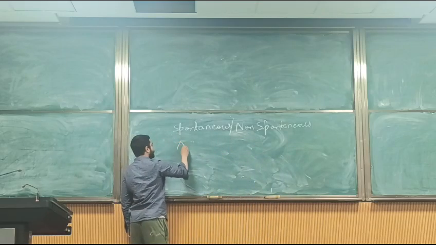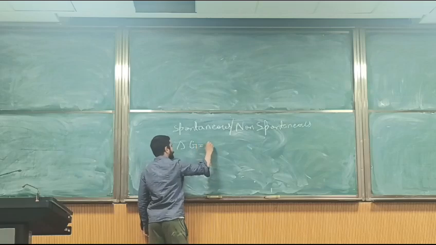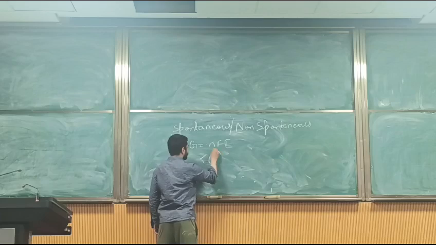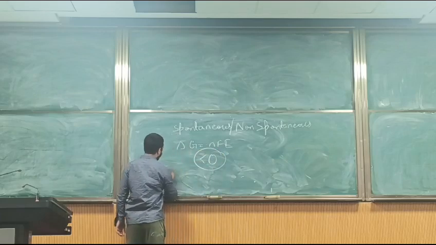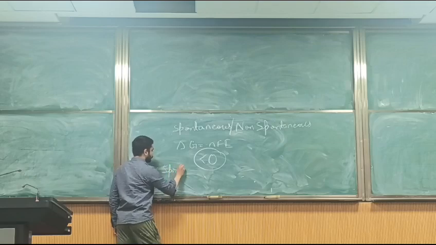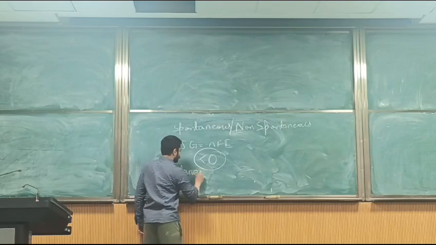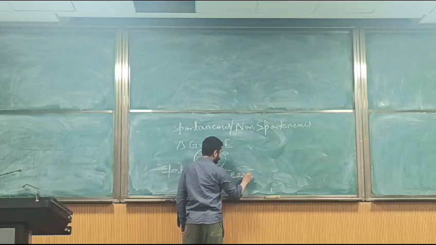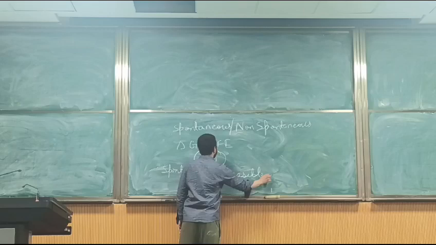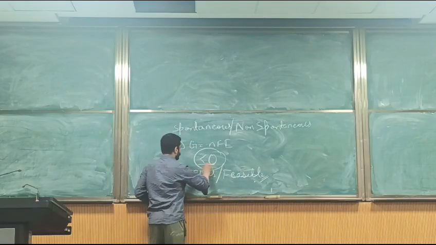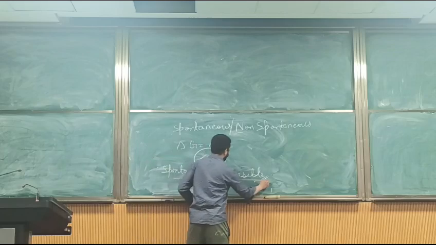If delta G, which is minus NFE, has a value less than 0, then the reaction will be spontaneous, or feasible.